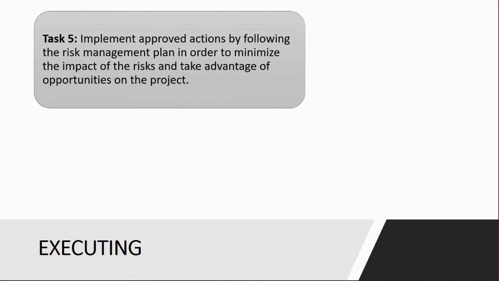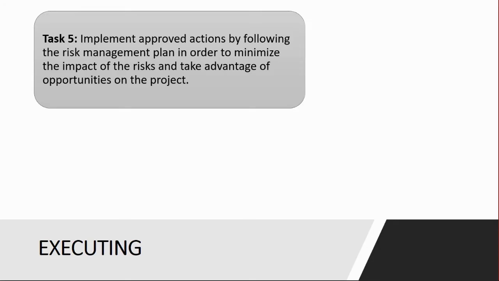The next task, task 5: implement approved actions by following the risk management plan in order to minimize the impact of the risks and take advantage of opportunities on the project. So let's read this a little bit deeper. Implement approved actions, that is Direct and Manage Project Work right off the bat. But it says by following the risk management plan.